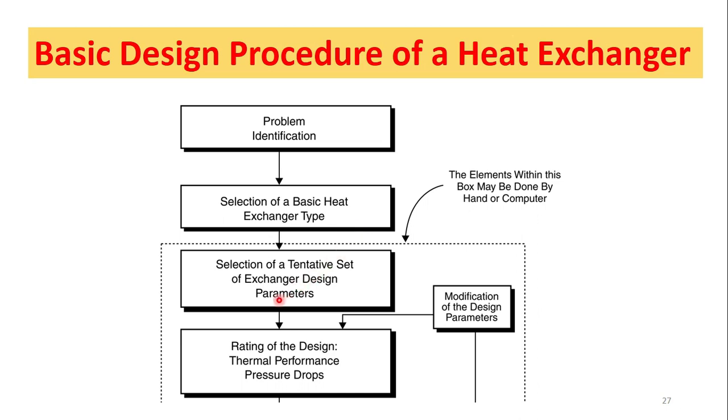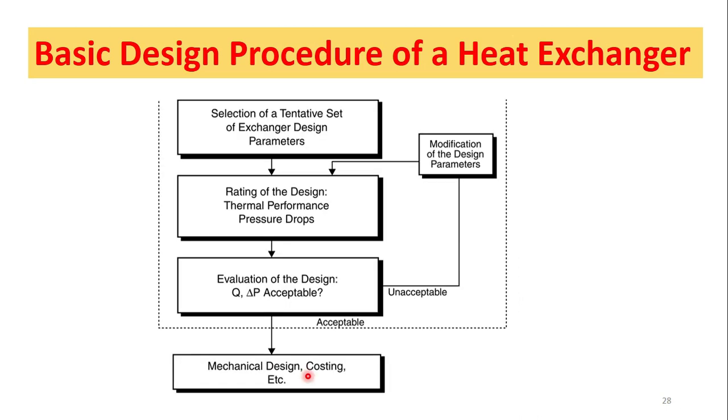The next is selection of a tentative set of heat exchanger parameters, and then you have to perform the calculations, rating of the design and thermal performance, and determine the pressure drop. Then you have to evaluate whether it is within the acceptable limit.